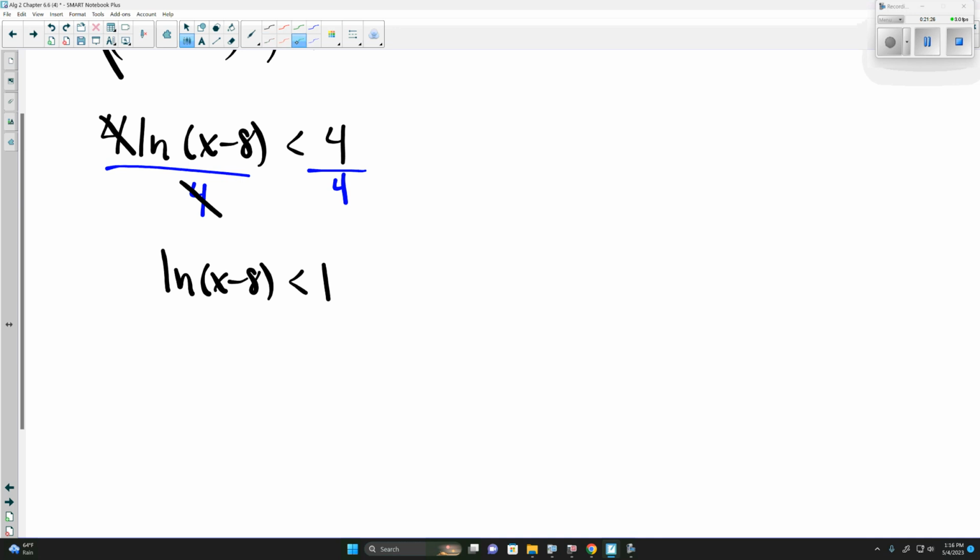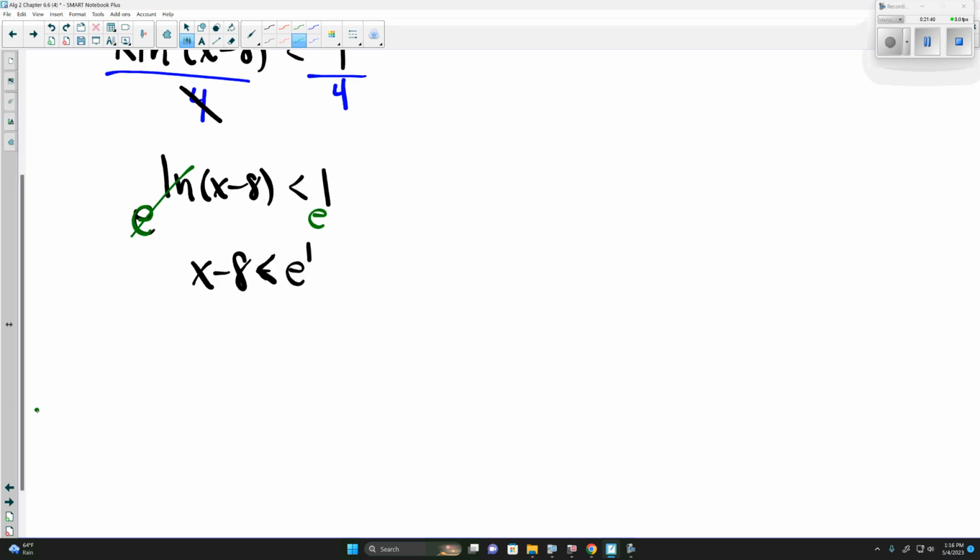Now what do we need to do? Apply e to both sides, because e and ln will cancel. X minus 8 is less than e to the first. Yes. X is less than e to the first plus 8.